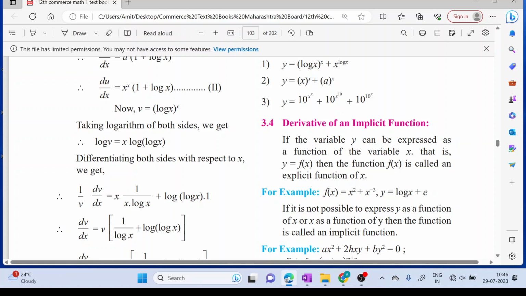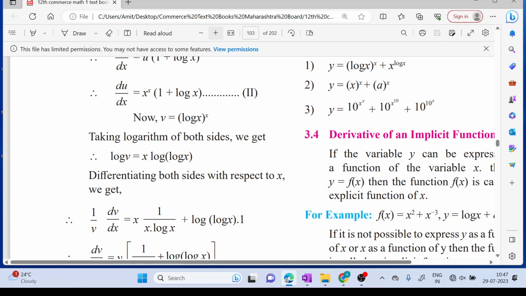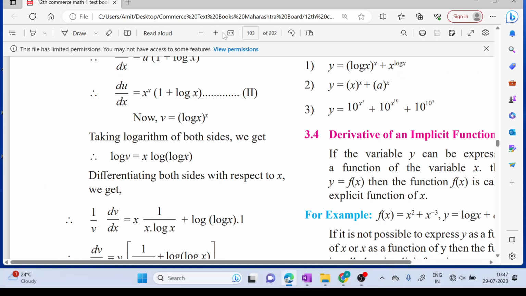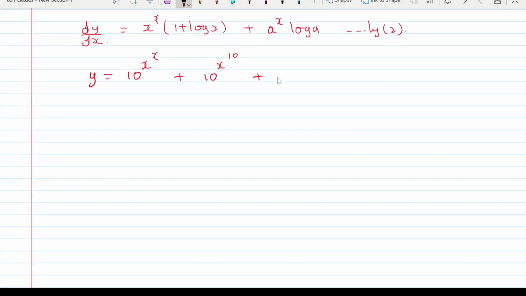Okay, right. So the third one, y is equal to 10 raised to x raised to x plus 10 raised to x raised to 10 plus 10 raised to 10 raised to x.